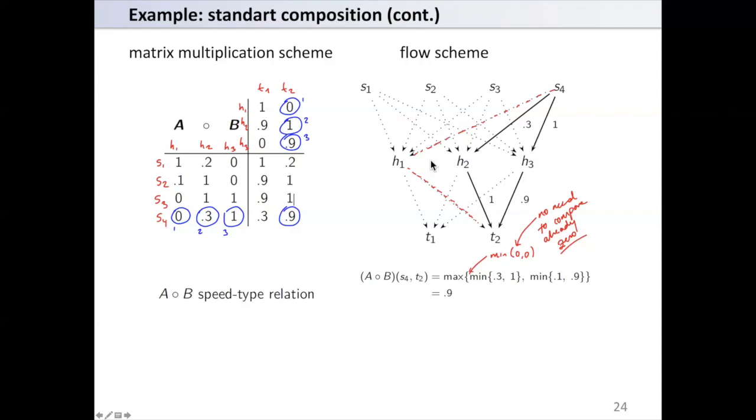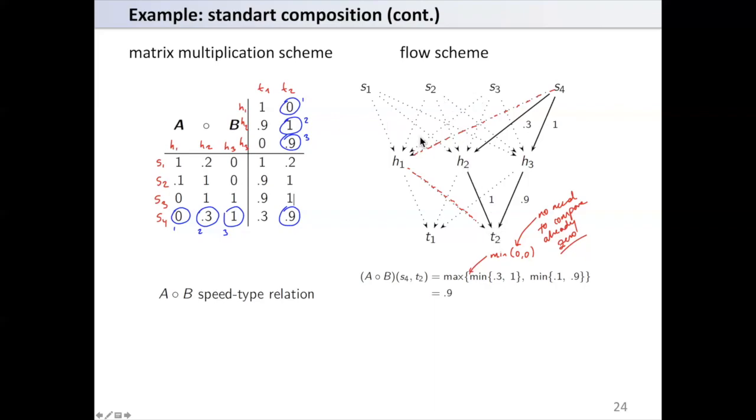And from these height values, we are going to the type T2. So we are starting with S4, looking for each possible height, and then we are going to T2.